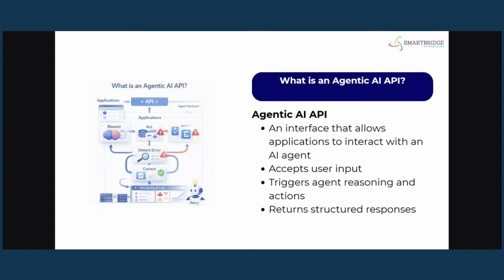Can I get fire emojis onto my screen? Very few are active in this session. Okay, chalta hai. No worries. I hope you got an idea, right? Why agentic AI API is more important in today's generative AI? Yes or no?